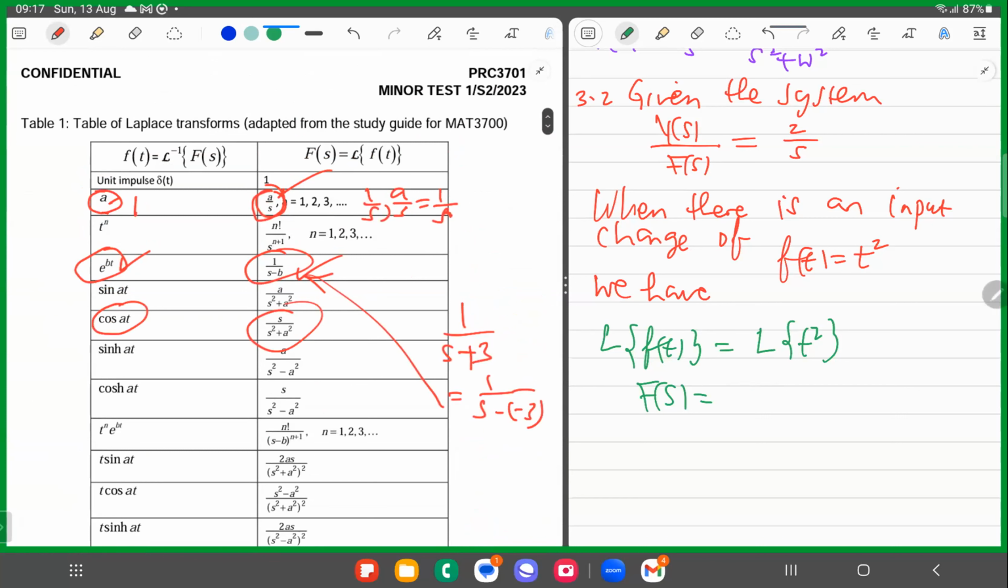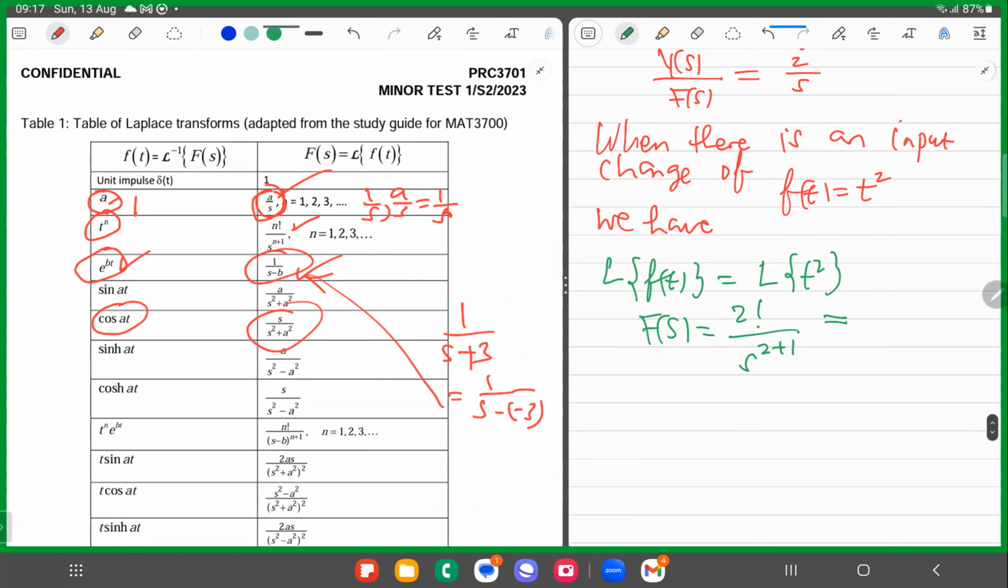The Laplace transform of t to the power n is n factorial over s to the n plus 1. So this one is going to be 2 factorial divided by s to the 2 plus 1. In other words, F of s is 2 over s cubed.